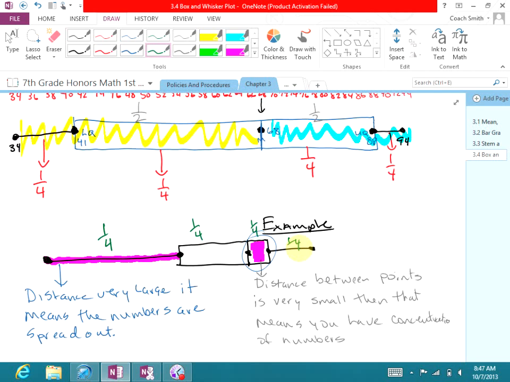Now, here's the type of things they're going to ask you. Still looking at example 3, with the New England Patriots, how many of their games did they score less than 21 points?